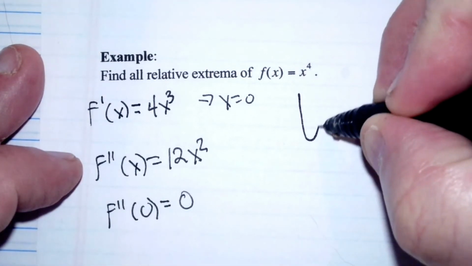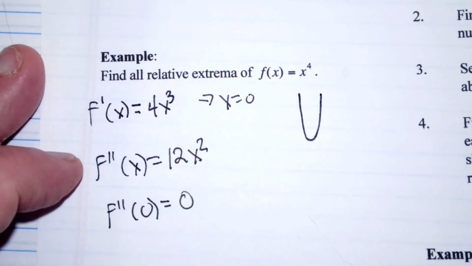It kind of looks like this. It's a skinny shape, sort of like a parabola. Technically it's not a parabola, but it has that same general feel to it. So the second derivative test cannot find that minimum, but the first derivative test can.